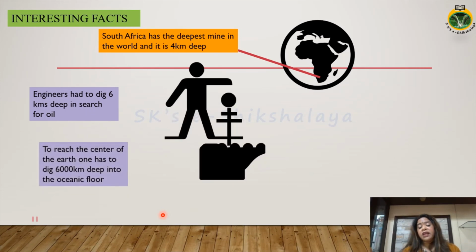The other interesting fact is that if one wants to reach the center of the Earth, which is not possible, one has to dig 6,000 kilometers deep into the oceanic floor.